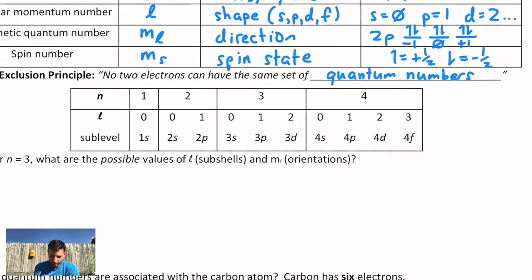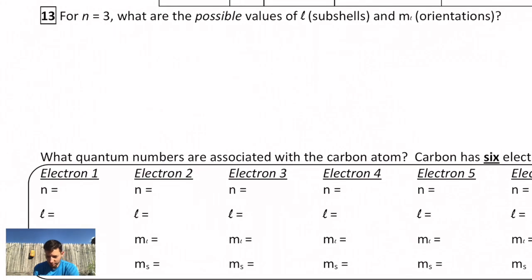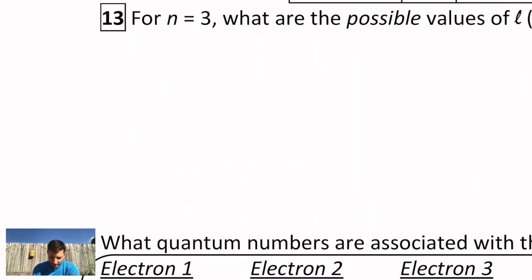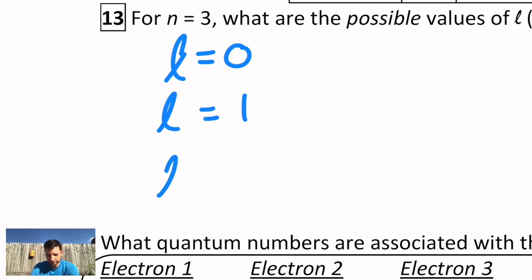The first one says, what are the possible values of l, the subshells, and m sub l, the orientations, if we're in the third principal energy level? Well, if you're in the third principal energy level, if n is 3, then you have the possibilities of l being equal to 0, l could be equal to 1, or l could be equal to 2.